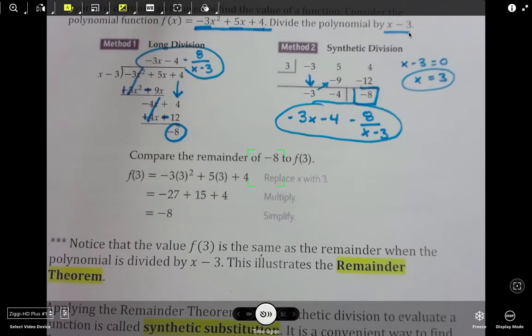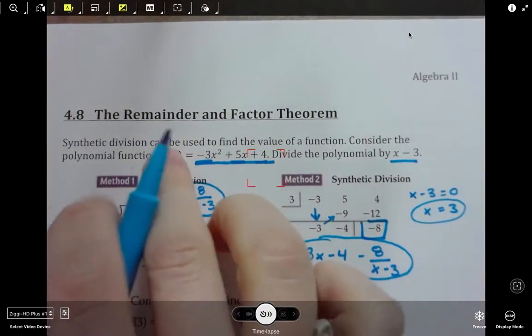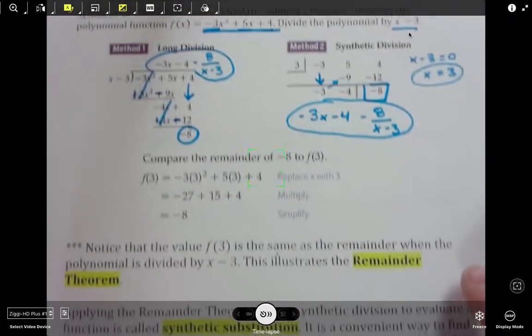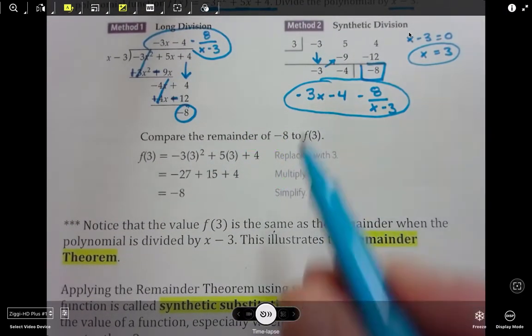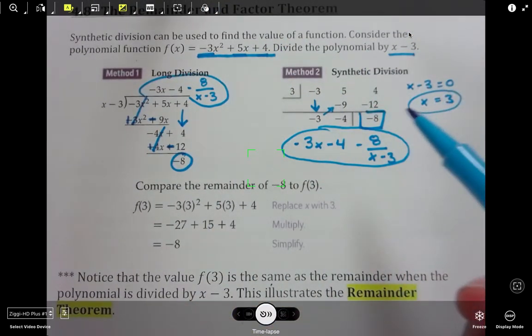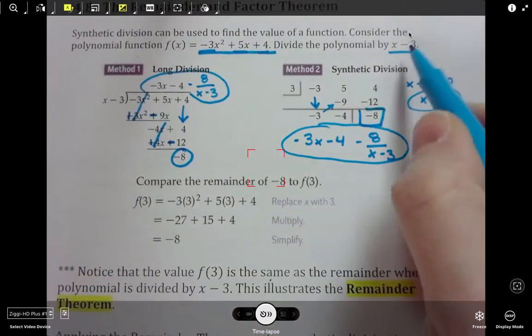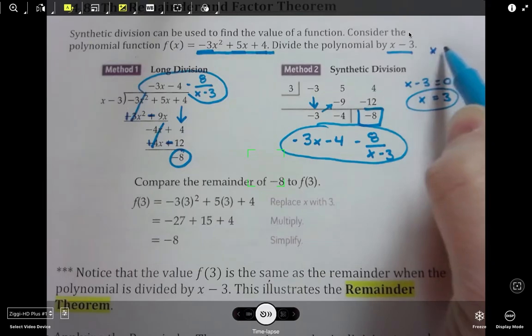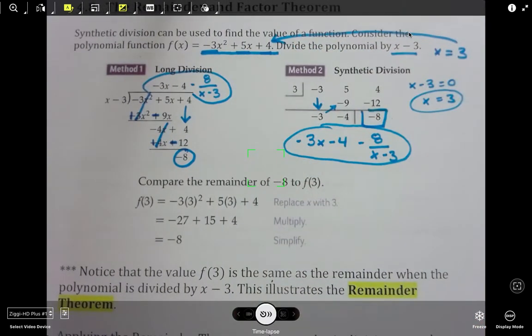Now, this whole section is talking about that remainder, and there's a shortcut way of finding what that remainder is. Let's say I were to take this guy and divide by this one. What I can do is just plug in x equals 3 into this equation, and when I do that, it should end up being negative 8.